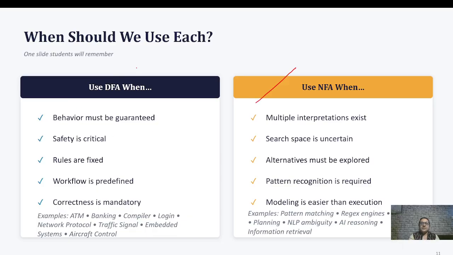Coming to the NFA, it is useful when multiple alternatives must be considered, the search space is uncertain, pattern matching is required, or ambiguity exists. Applications include string matching, information retrieval, search engines, natural language processing, planning, and AI reasoning.